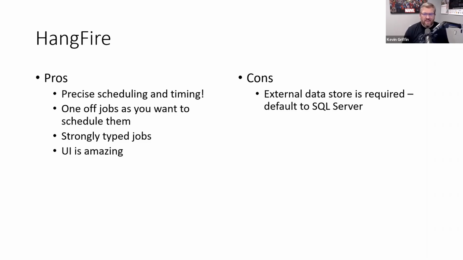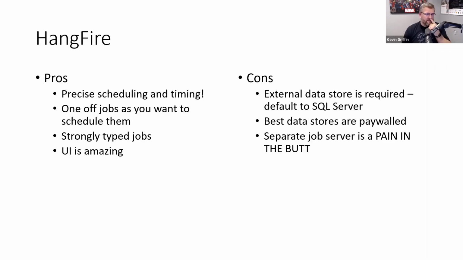The something you would want to use is Redis. The problem is it's paywalled, so you have to pay that enterprise license if you want to use the good data stores. And setting up a separate job server is a pain in the butt. Discussion for a later time.